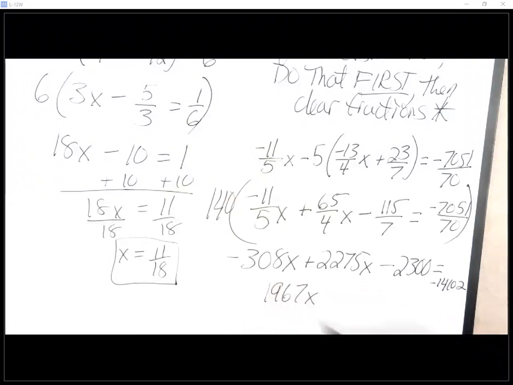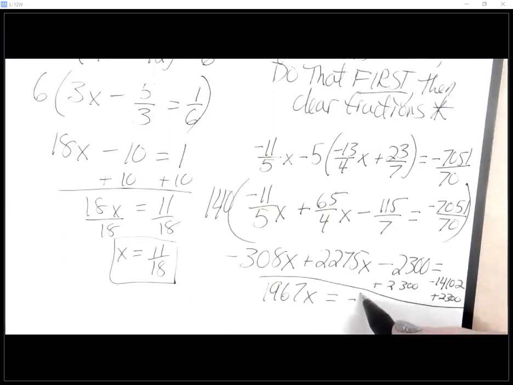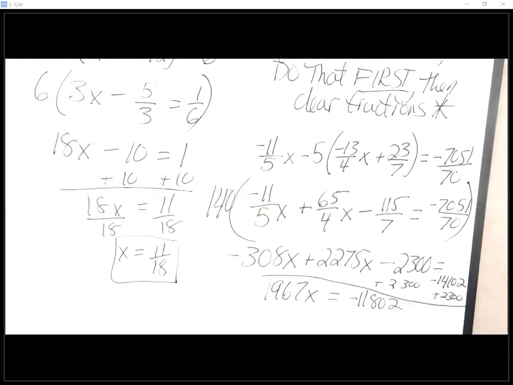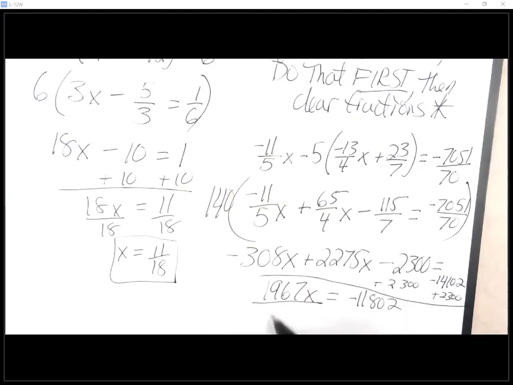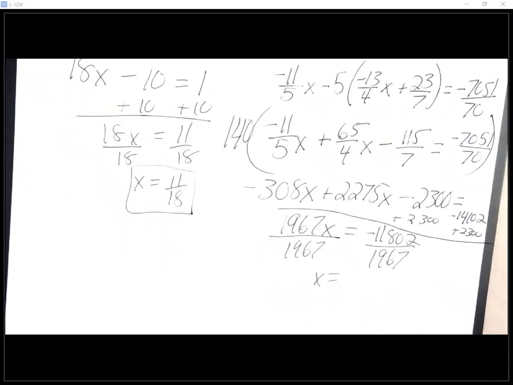And then I can add the 2300 to both sides. -14,102 plus 2300, I get -11802. Divide both sides by that 1967. And fingers crossed. Yep, -6.